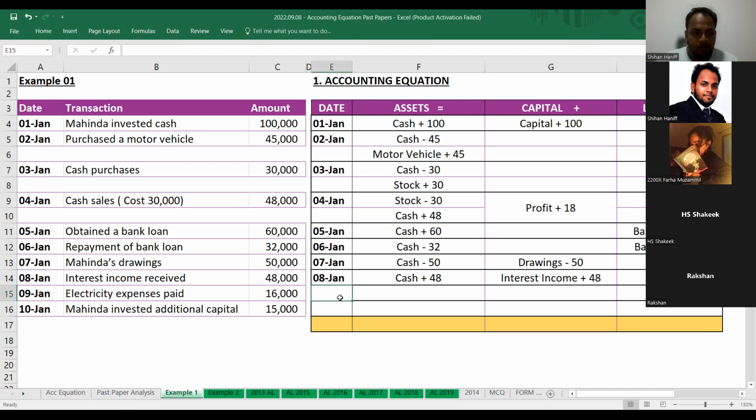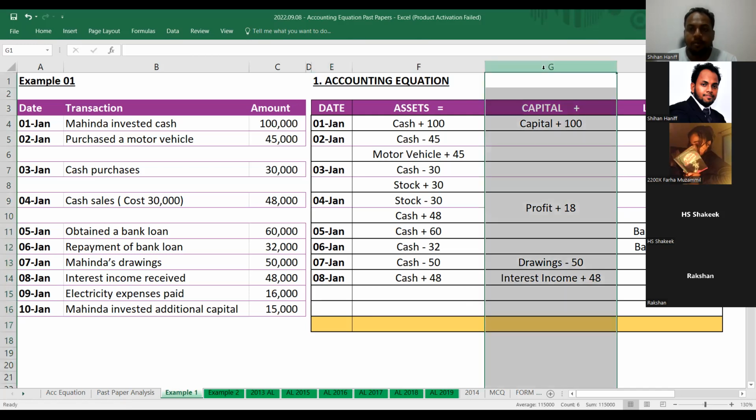9th January. Electricity expenses paid. Expenses means capital reduce.